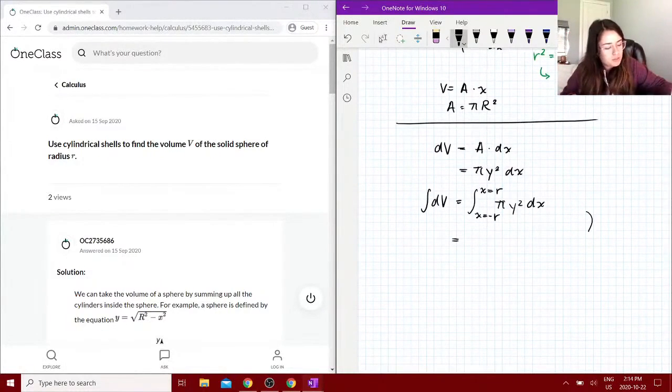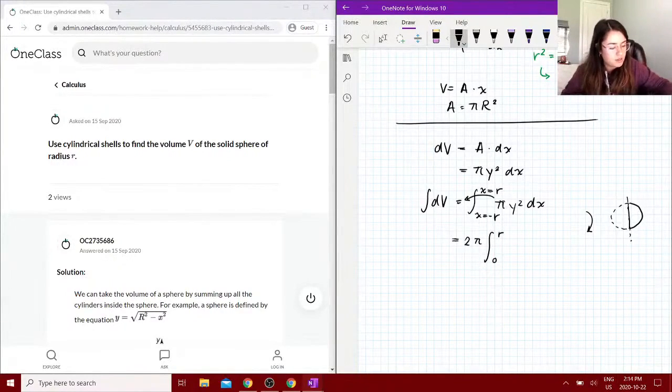So what we can do when an integral is symmetrical like this is, not a very good circle, take just half the volume and then multiply it by 2. So I'm going to also, at the same time, just take this pi outside the integral, since we don't need to evaluate it, and then change the integral from r to minus r to r to 0.